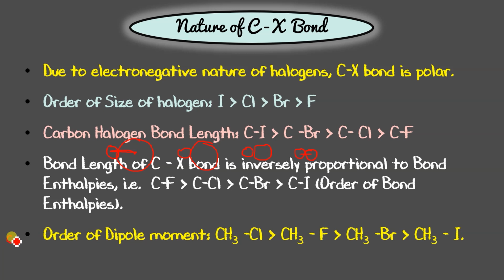It's not only the charge, or only the electron density. It's charge into distance. So chlorine has the larger distance than fluorine, so that's why the dipole moment is more in this case. Now you can say that bromine and iodine sizes are bigger, so here the distance will be even higher, isn't it?